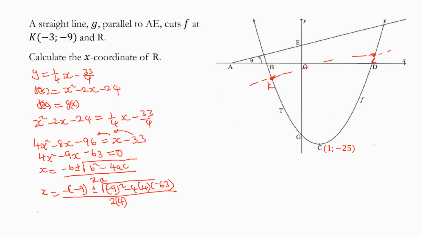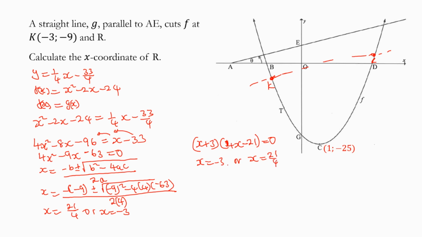You put this in the calculator and you get that x is equal to 21 over 4, or x is equal to negative 3. You can even use factorization: x plus 3 and 4x minus 21 are the factors, and you get that x is equal to negative 3 or x is equal to 21 over 4.